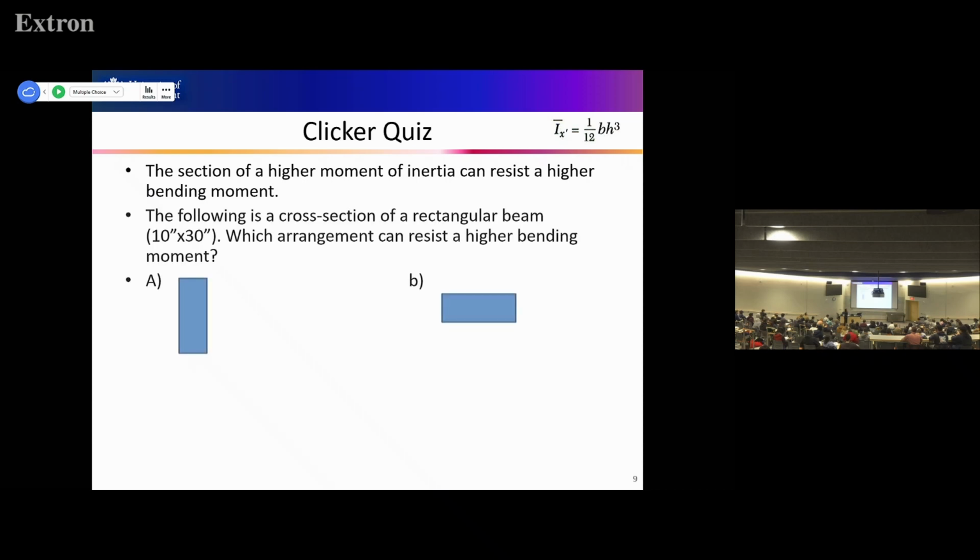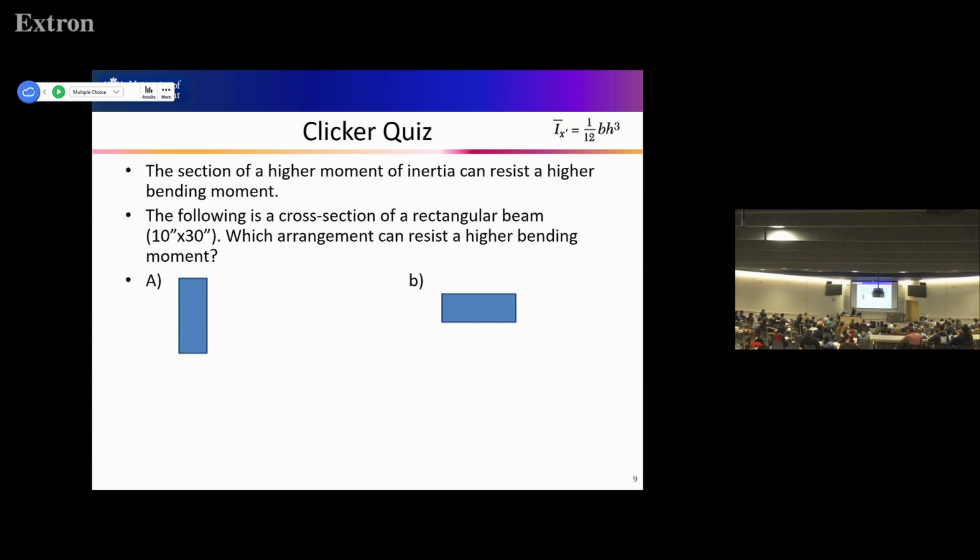So this is the same cross section, a rectangular beam, 10 by 30, and 10 by 30. There are two cases, and which arrangement can resist a higher bending moment? This is the moment of inertia equation for a rectangular shape. What do you think?